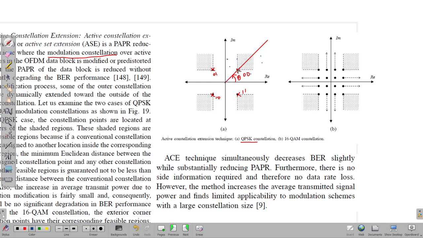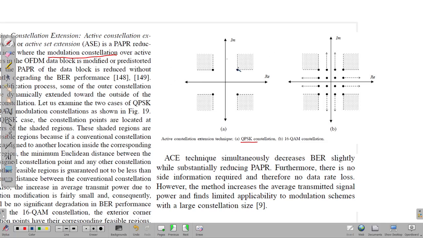Here we try to change the phase and amplitude of this constellation point in such a way that the PAPR is reduced. So how do I change it? Is there any criterion with which I can change this constellation point? Let's see about it.